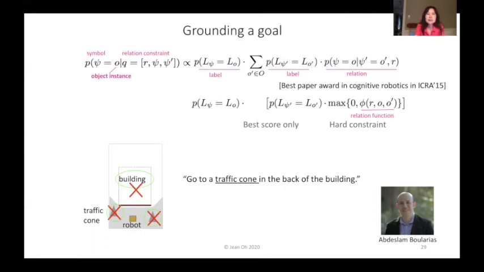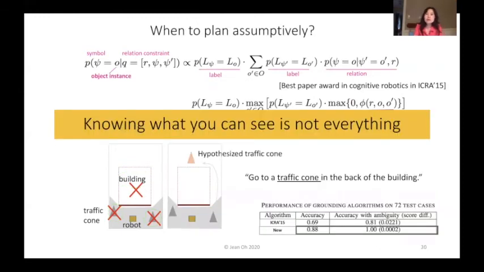And here, one part of the language grounding is how to determine which object or landmark is the one that was referred to in the command. I'm not going to go into the detail of the algorithm, but we use probabilistic approaches. And the really important part here is knowing what's in the field of view and what is not.